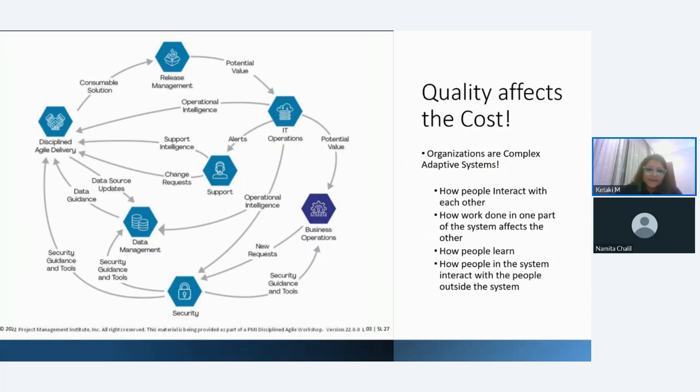Now, in order to implement DevOps, we have to also consider the people aspects of implementation of DevOps, right? Because we want to ensure quality, we want to implement CI/CD, continuous integration, continuous deployment, because that is essentially the Agile way of delivering value.